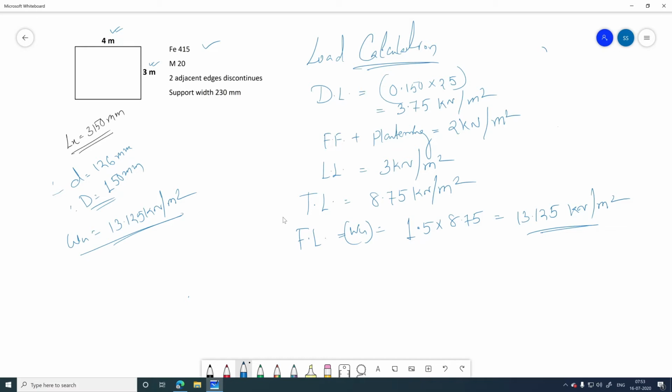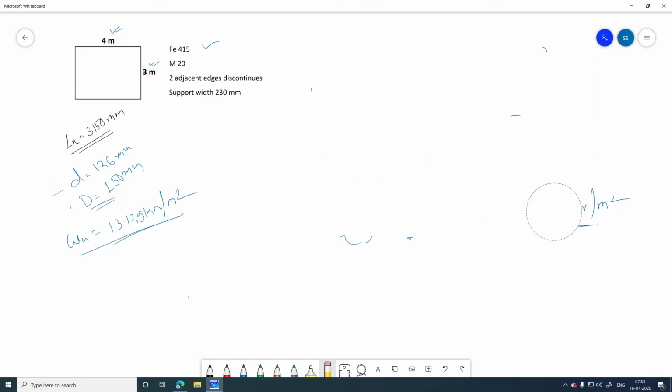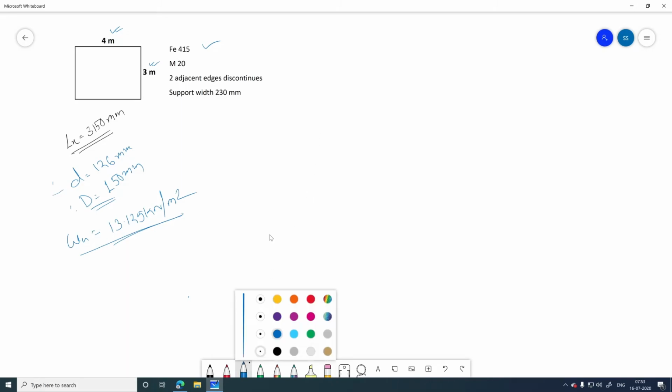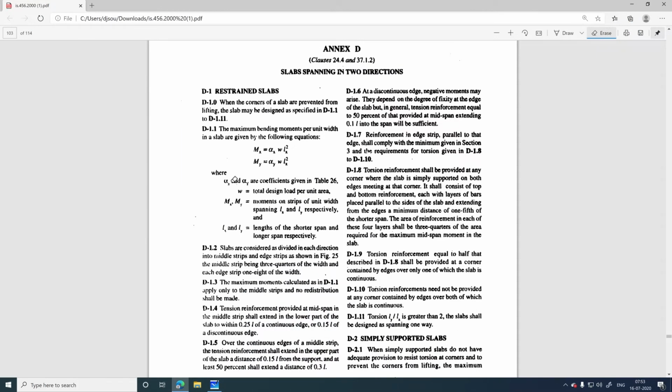So let's determine the moment. What will be the moment? Very simple, let's go to the code to determine that. Here you can see that to determine the moment in the x as well as y direction, that is along the shorter and longer span, the formula is alpha x into w into Lx square.